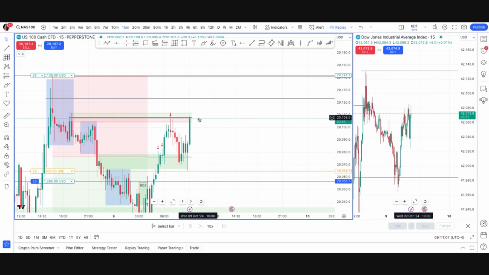Deciding which one it's going to take is, I don't want to say it's impossible, but it's difficult to know which one it's going to take beforehand. So instead of trying to guess, we bring our stops up and we anticipate it going either direction. Once it takes out one of those directions, though, a new trade sets up. So if we go below this and it takes out that, a new trade will set up. If we go above that and it takes it out, a new trade will set up as well.